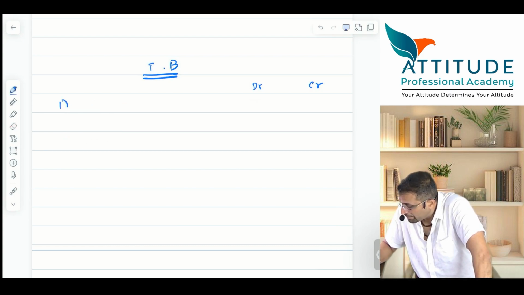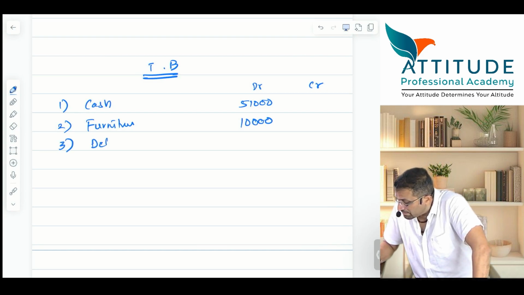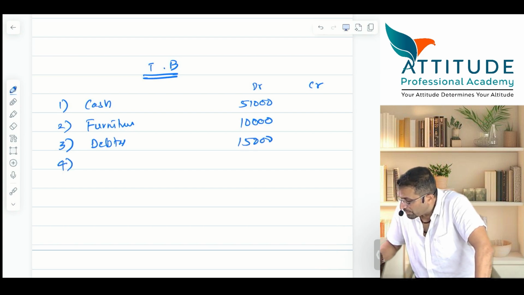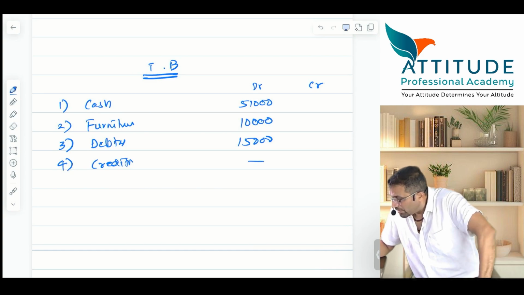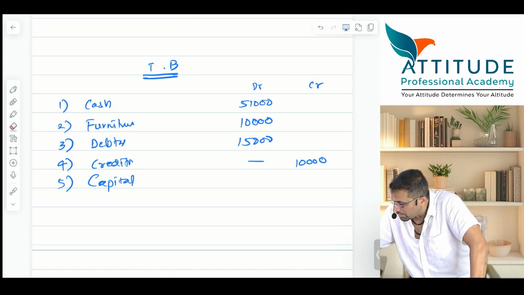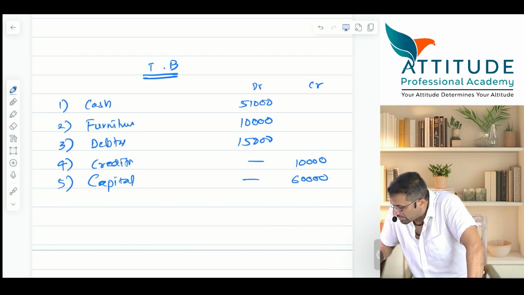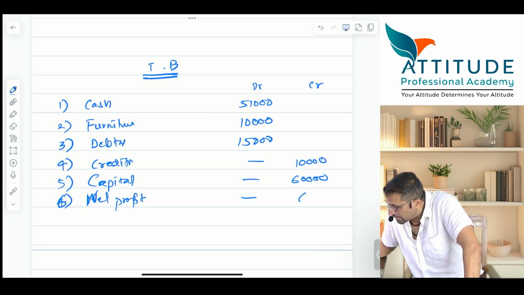Okay, wait a minute. 1, cash 51,000. 2, furniture 10,000. 3, debtors 15,000. 4, creditors 10,000. 5, capital 60,000. 6, net profit 6,000.